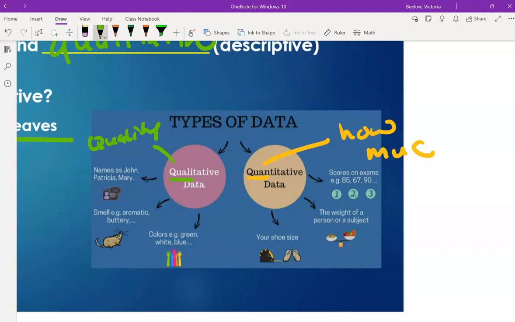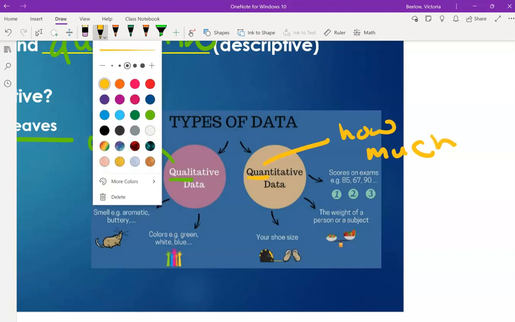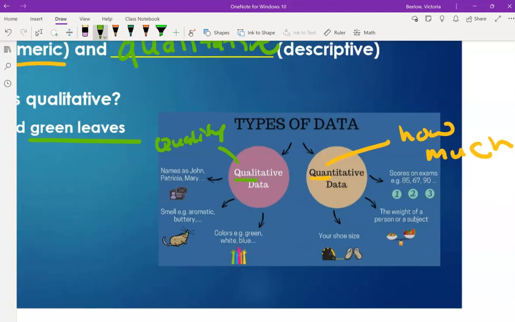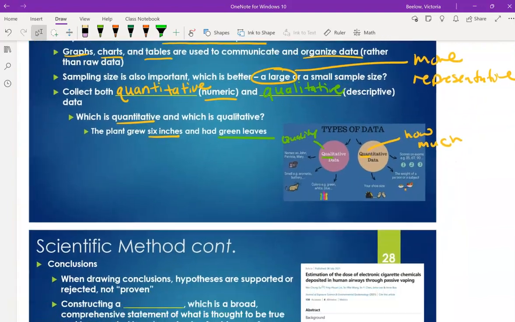So numbers. Weight, shoe size, scores on an exam, that's all numerical. That is asking about how much. Versus descriptive data, qualitative data, is like color, maybe smell, names. That's all quality related things or descriptive.